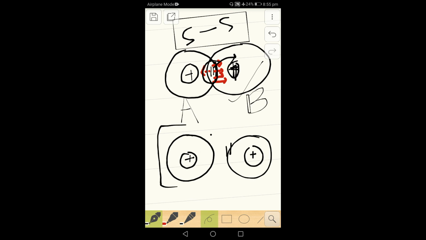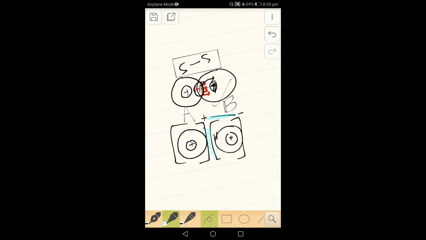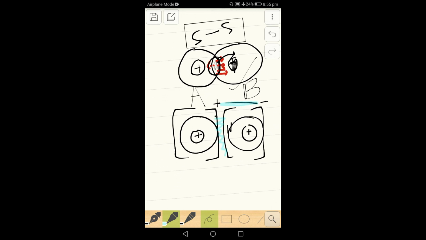So A has become positively charged and B has become negatively charged. Now there will be an electrostatic force of attraction between the two atoms, which we call the ionic bond. So the atoms have now turned into ions.